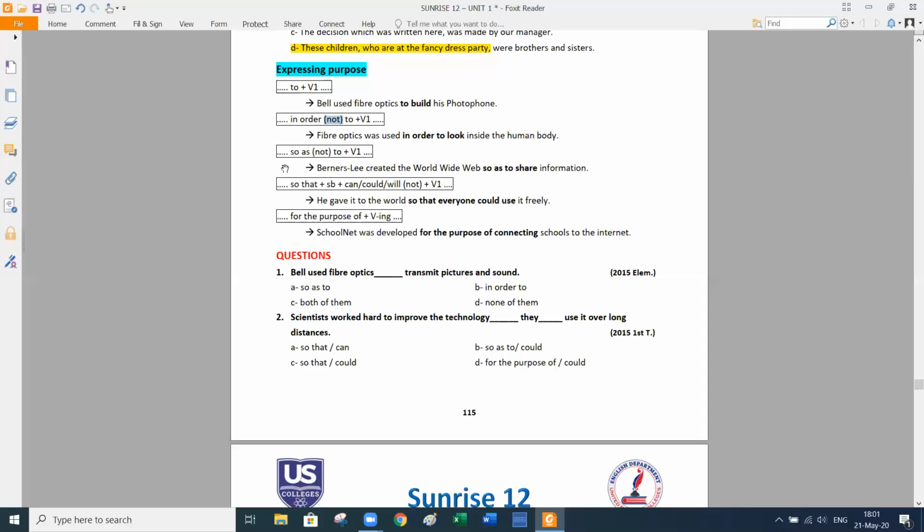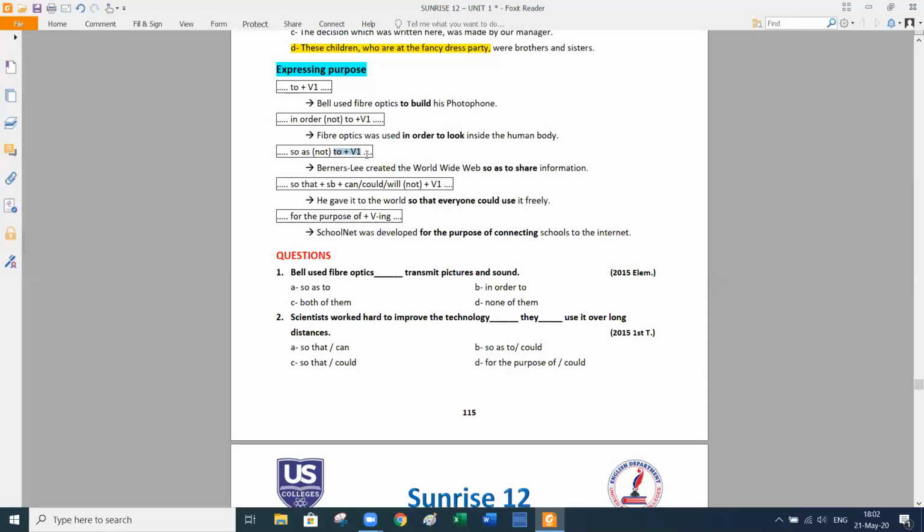And the third one is so as to, plus verb 1 again. You see, we use infinitive with to in the first structure, in the second, and in the third as well.